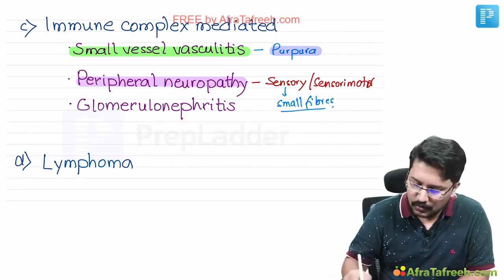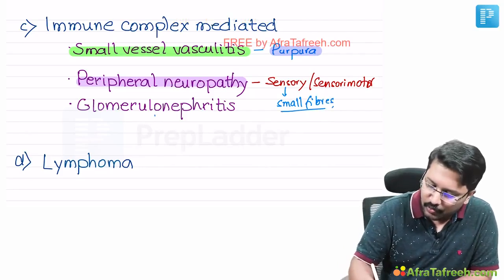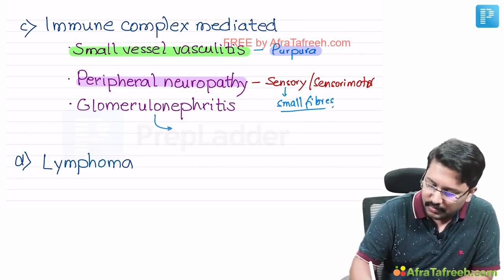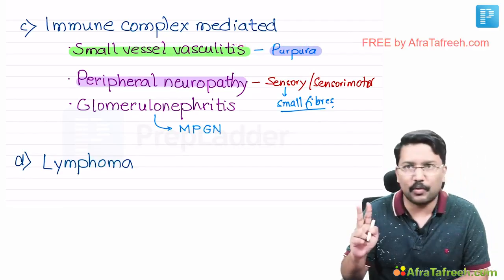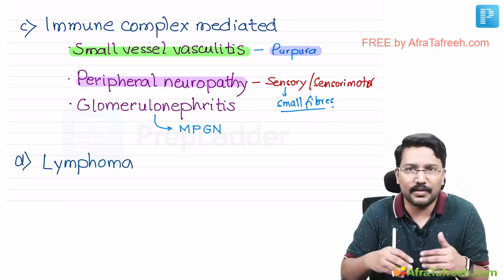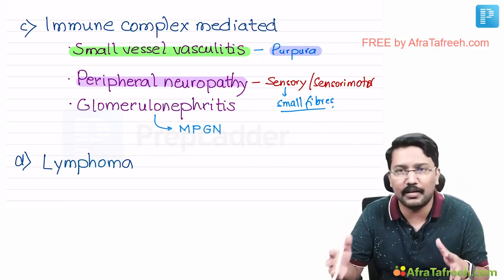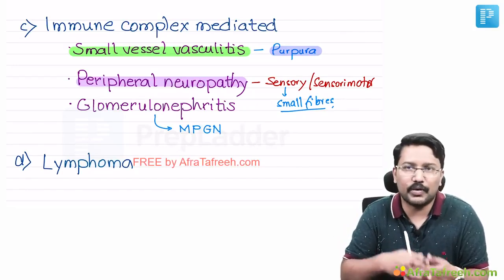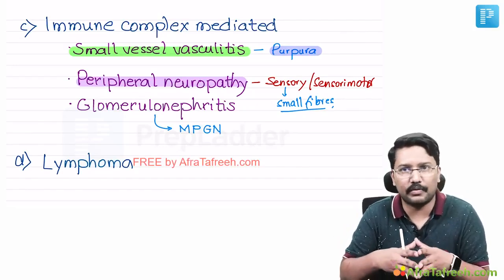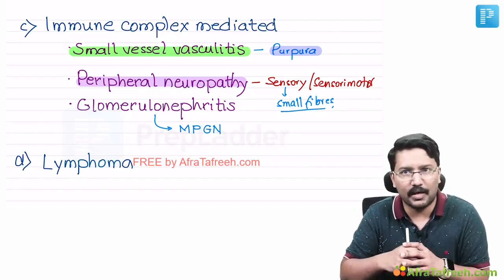Okay, it can also cause glomerulonephritis, immune complex deposition leading to glomerulonephritis, which is more or less in the form of membranoproliferative glomerulonephritis. So, two kidney complications to note. We have already understood that it can cause interstitial nephritis manifesting as distal renal tubular acidosis. Other than that, patients can also develop membranoproliferative glomerulonephritis because of the immune complex deposition.